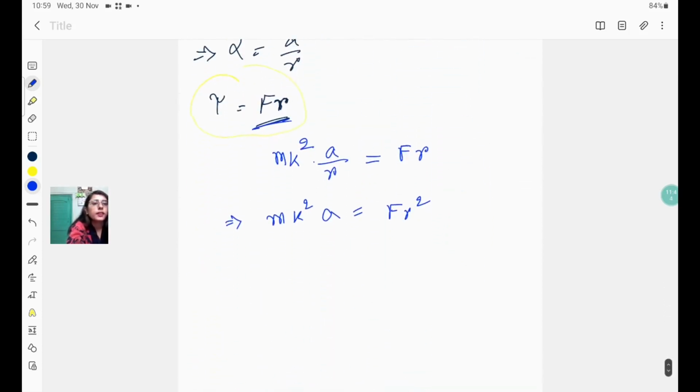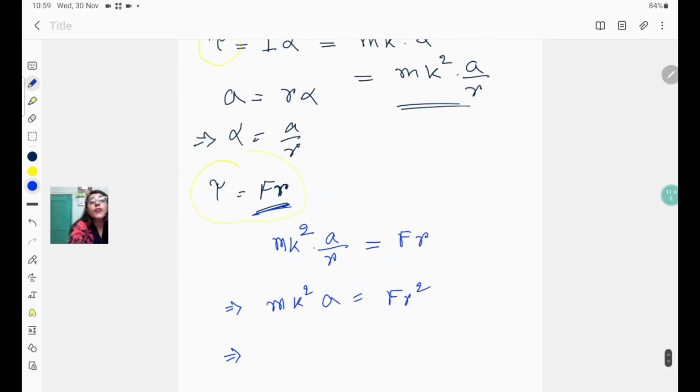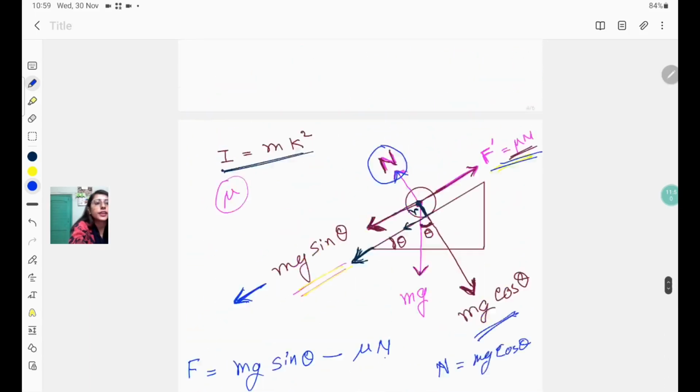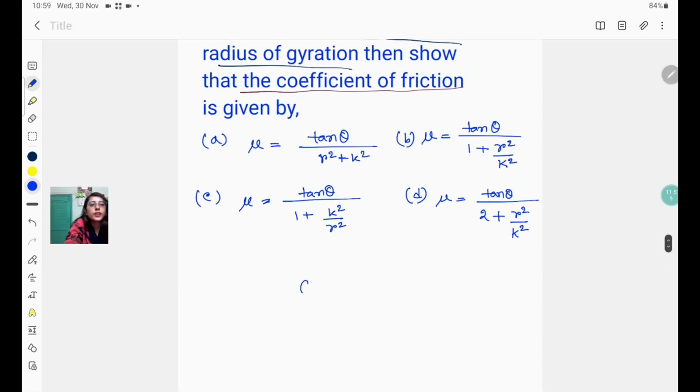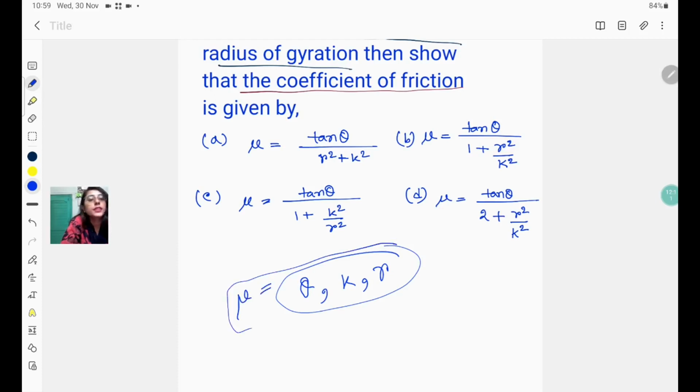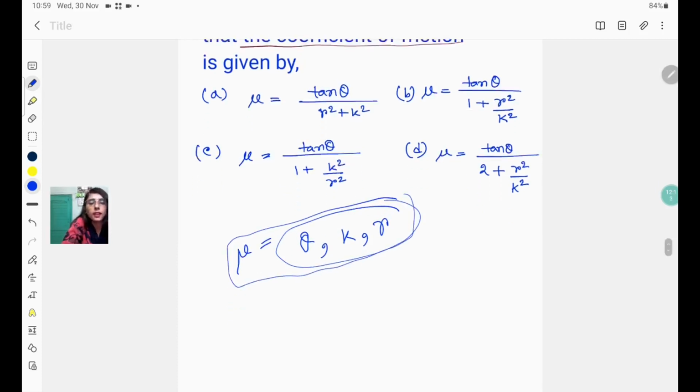So we can write the value of A here, and we have to find the value of mu first. In the question we have to find the value of mu, and in the options we have three variables: theta, k, and r. So we have to find the value of mu in terms of theta, k and r.